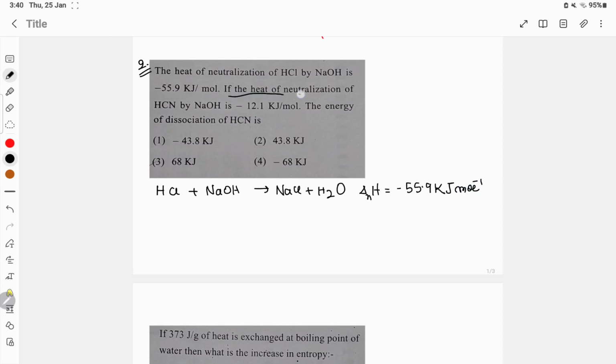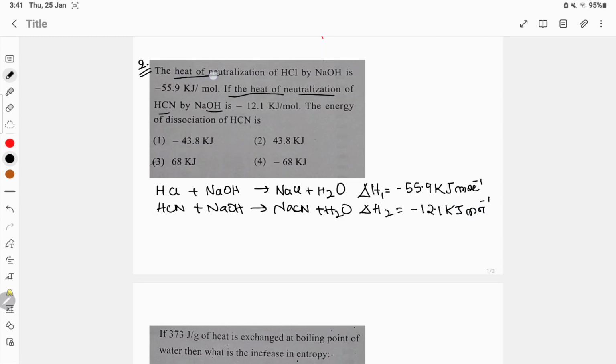If the heat of neutralization of HCN, hydrogen cyanide, by NaOH, gives sodium cyanide NaCN plus H2O, and for this, let me write del H1, del H2 is minus 12.1 kilojoule per mole.